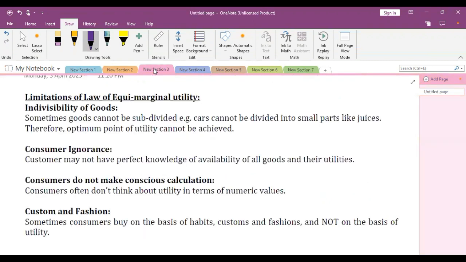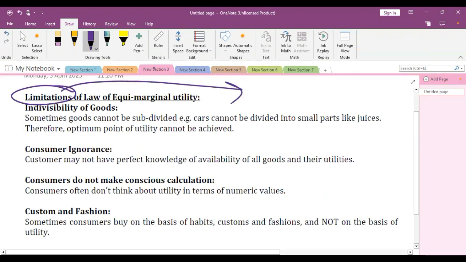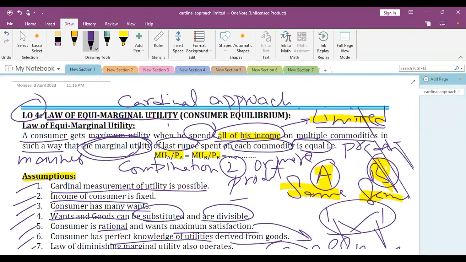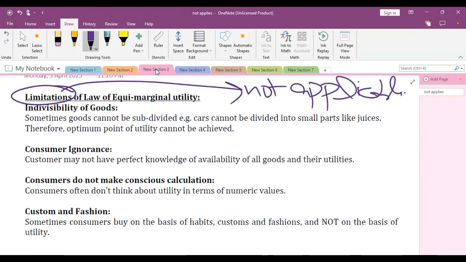Let's study their limitations or the conditions where this law is not applicable. Usually, these all are the assumptions that we have considered as constant. If any one of them changes, this law cannot hold.